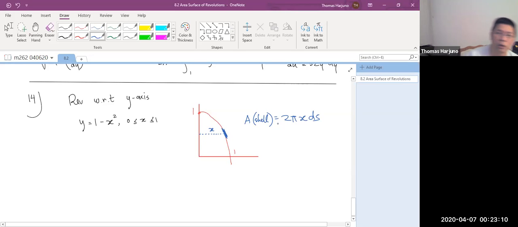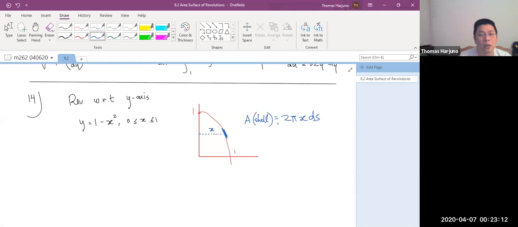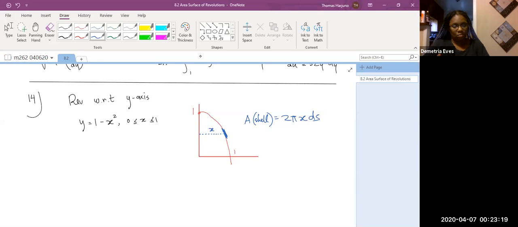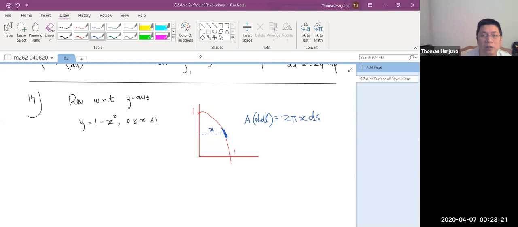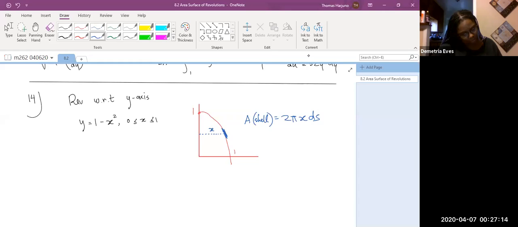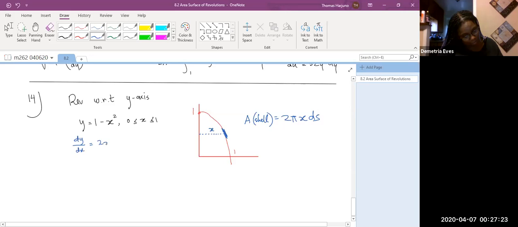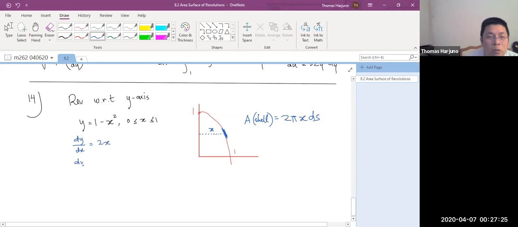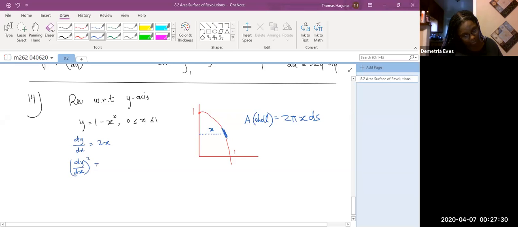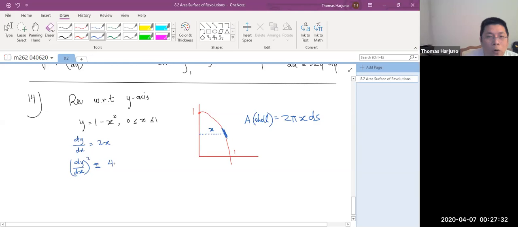You try to work it out. Just set up the integration. Let me give you maybe 2 minutes to set up the integration. Maybe 3 minutes. Then you can do 1 or 2 more extra steps from there. Okay, let me start. This is dy/dx equals 2x. So (dy/dx) squared is 4x squared.